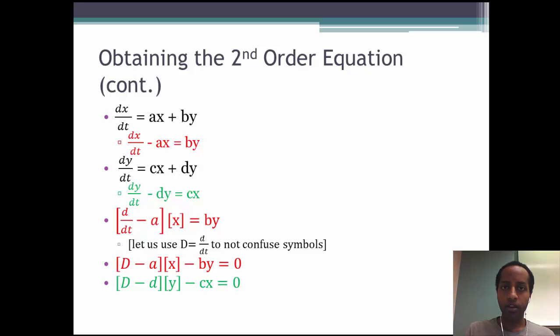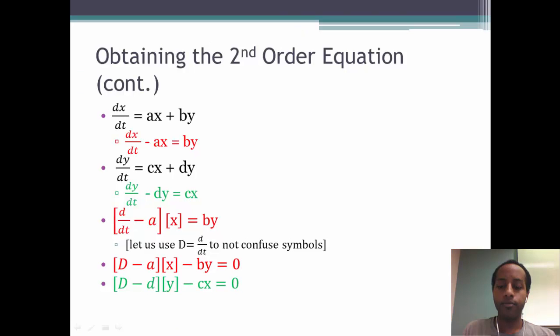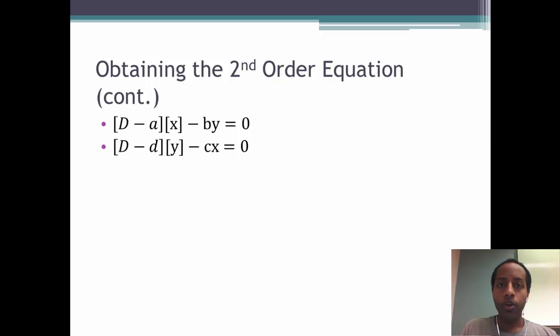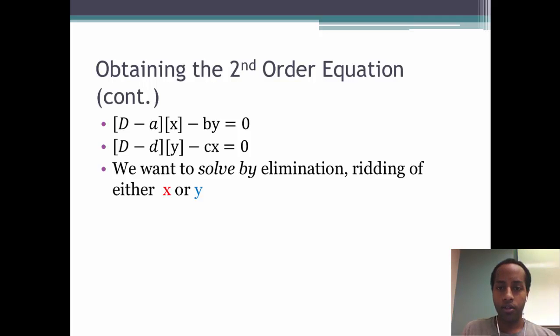This is important because, as we said, our goal is to make a single differential equation that is homogeneous. So, carrying those two equations over, since we want a single differential equation focused on one of the variables, and seeing that we have two variables involved, what we want to do is solve this system of equations by elimination, ridding of either x or y.